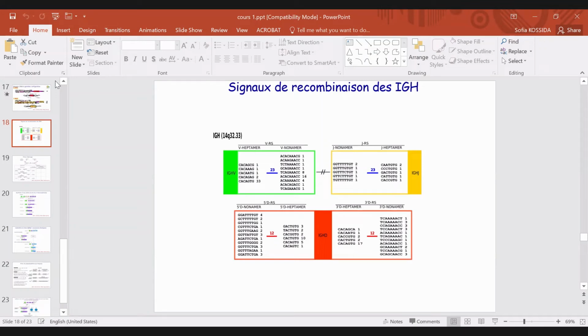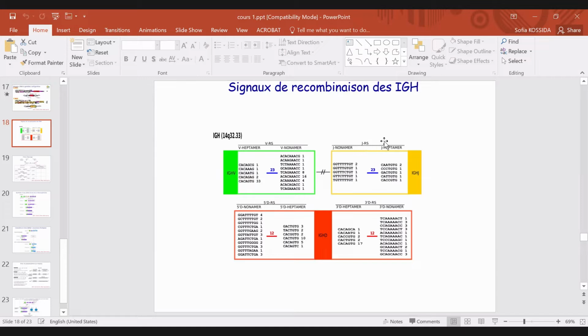Remember, the day before yesterday, we were talking about this VRS. Does anyone remember what this VRS is? The recombination signal. Well done. It's the variable recombination signal.